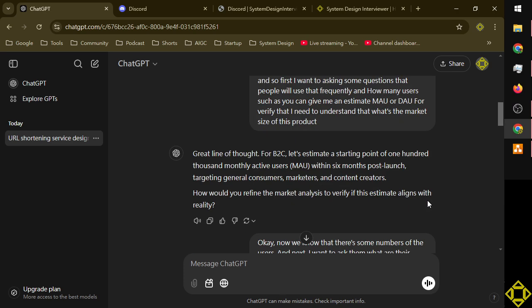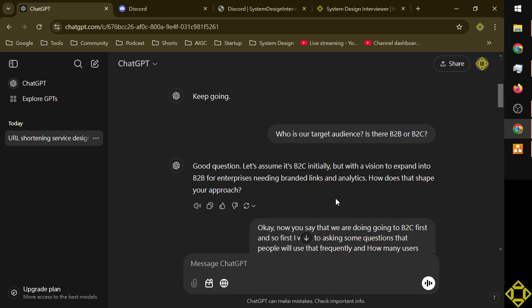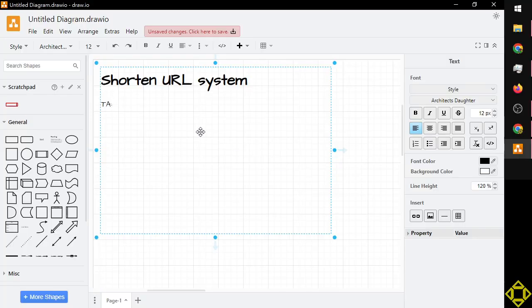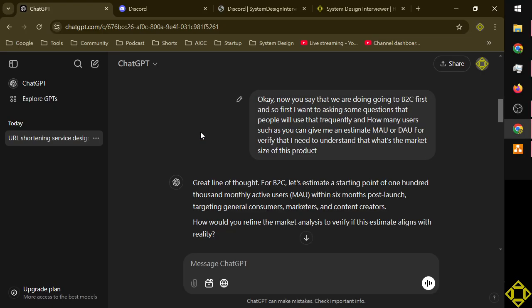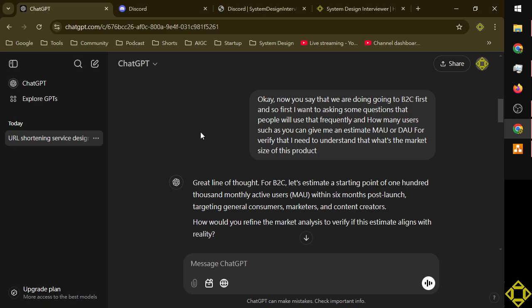Maybe I need to remember that in the early stage we asked about the MAU and DAU, and we talked about 100,000. It's relatively not large. Is that MAU or DAU?